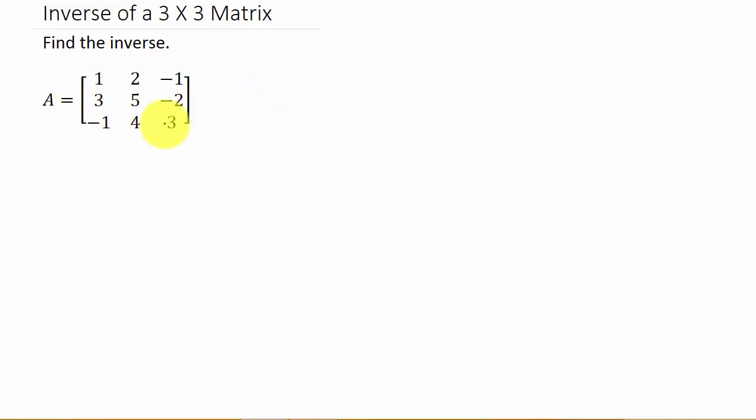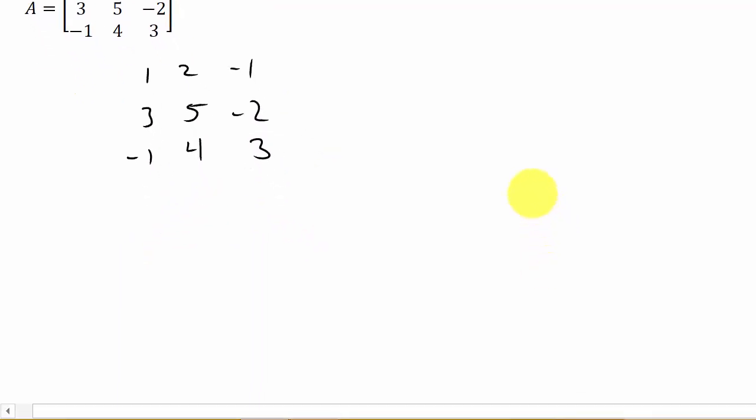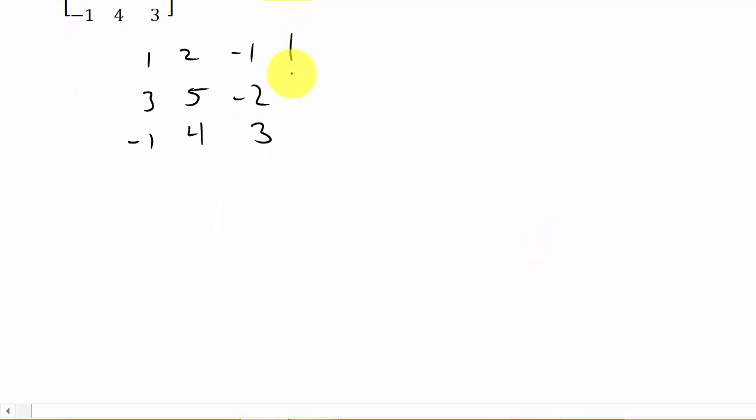So what we have to do is take the matrix, 1, 2, -1, 3, 5, -2, and -1, 4, and 3. I don't know if you can tell that's a negative, but that's -1. Then we draw a line down here, and next to it we write the identity matrix for a 3 by 3.